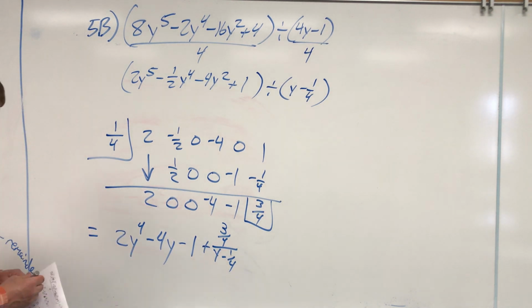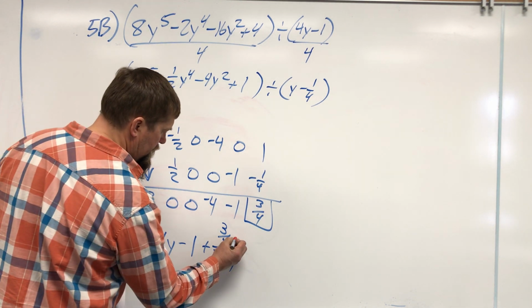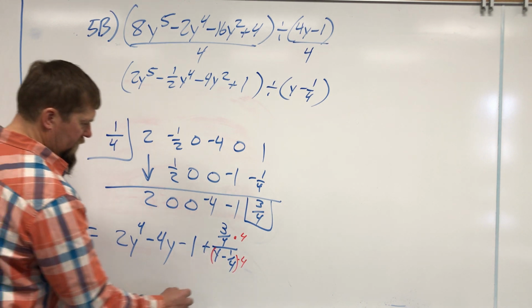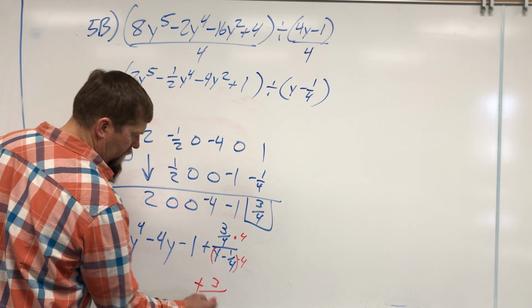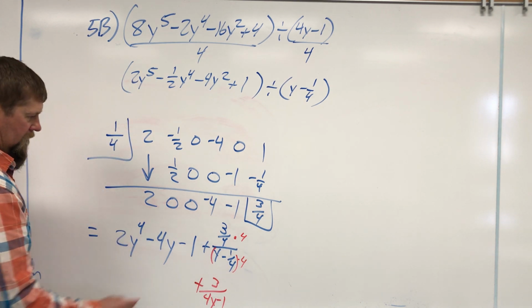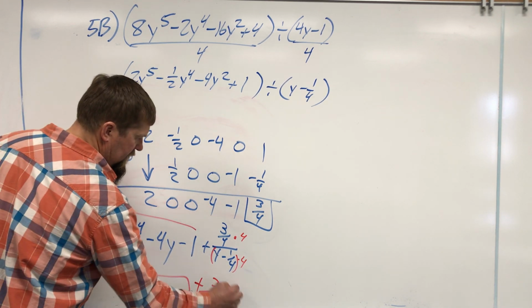And again, I'm going to multiply top and bottom by 4 just on the fraction, which gives me plus 3 over 4y minus 1. So all of this and this.